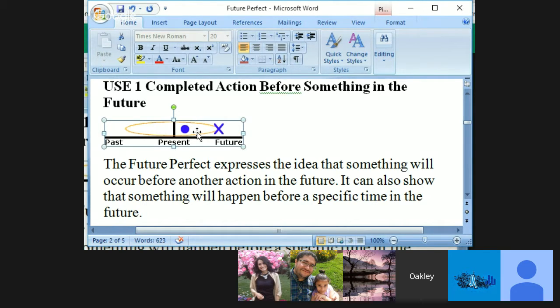Okay, that action could be any time. It could have even been in the past. Notice it could be now, it could be in the future, but the idea is that it has to be any time before this other future action or future specific time. Very important, specific time. It has to be specific.